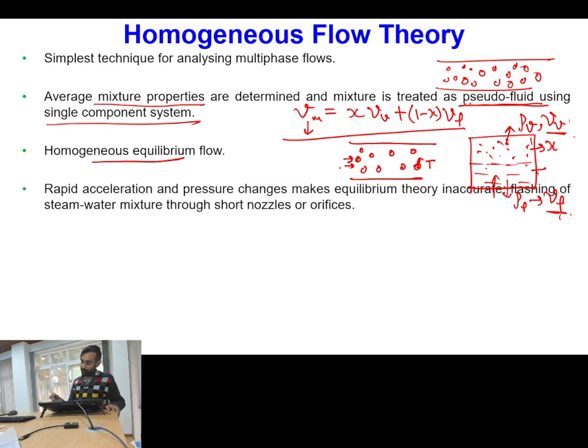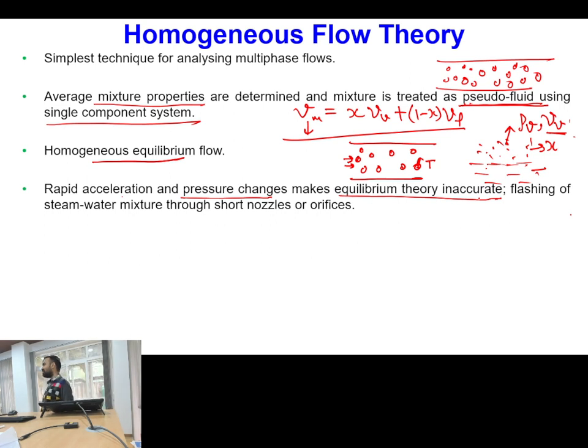With this we can see the situations where this theory cannot be applied. Rapid acceleration and pressure changes make equilibrium theory inaccurate. In a system with significant acceleration of the fluid, the velocity equilibrium, meaning the same velocity of all phases in the accelerating zone, may not be practically feasible, so there will be a lot of inaccuracies.